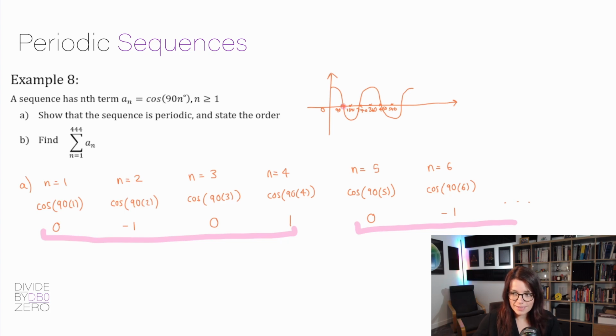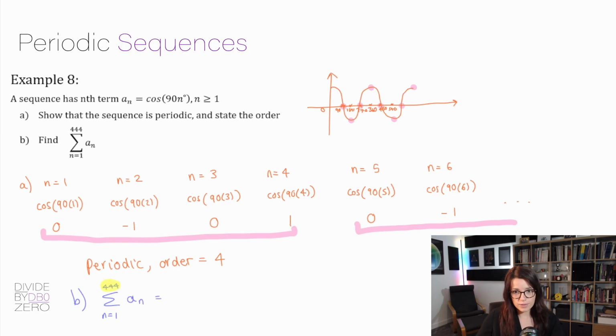Then cos 180 is minus 1. Cos 270 is back to 0. Cos 360 is back to 1, etc. So it is going to repeat itself every 4 terms. So to answer the question, we've shown that it's periodic, and we can say that the order in this case is 4.